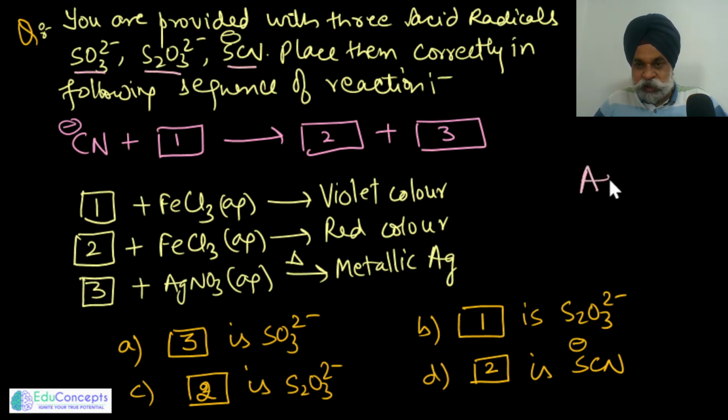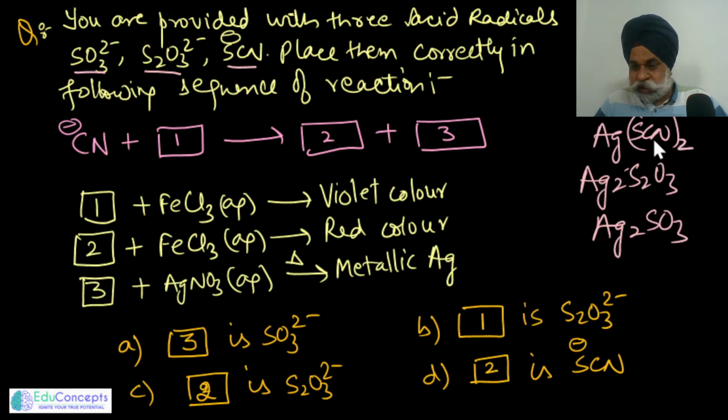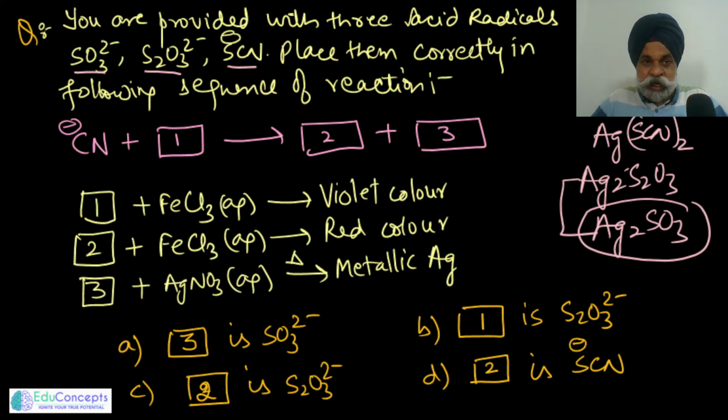If you treat silver nitrate with these anions, these are the three things which we can get, and this only on heating gives you metallic silver.